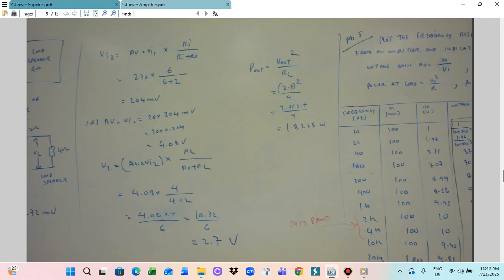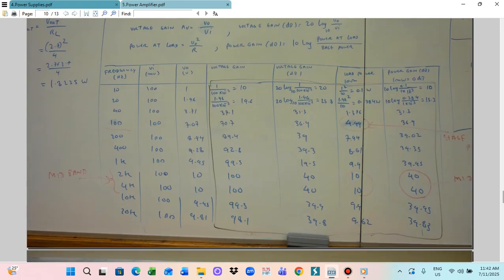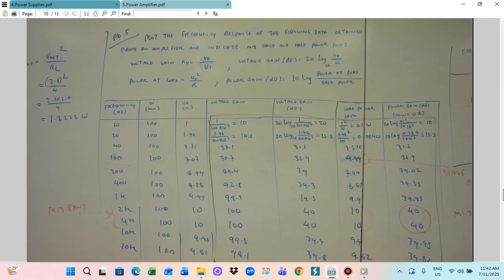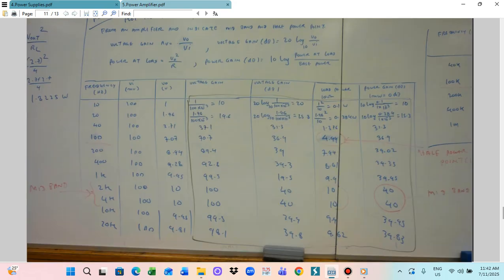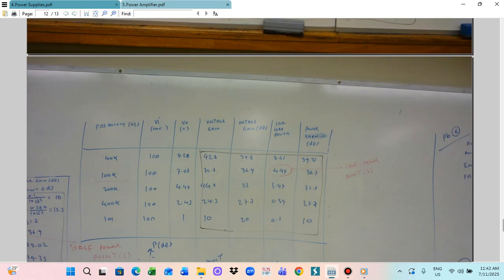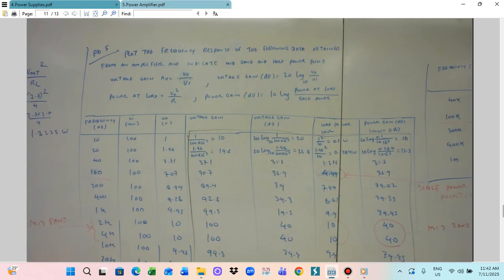Okay, so this is the data that are given. This is the data we get from the experiment. So we use the amplifier and we measure the input current and input voltage, and then we record the data, and we adjust the frequency and we record the data. Those things we got from the amplifier.